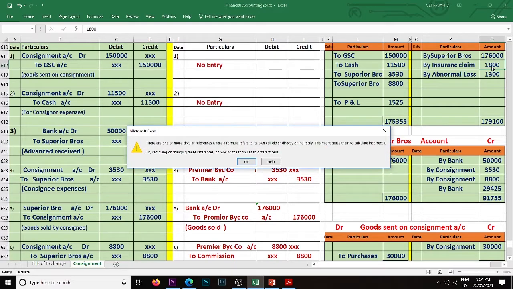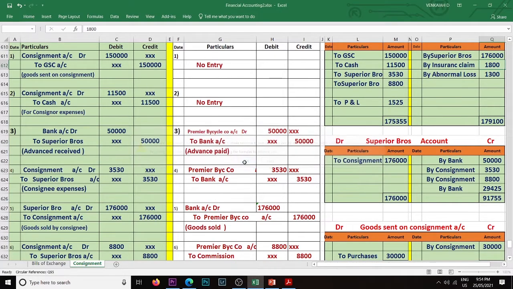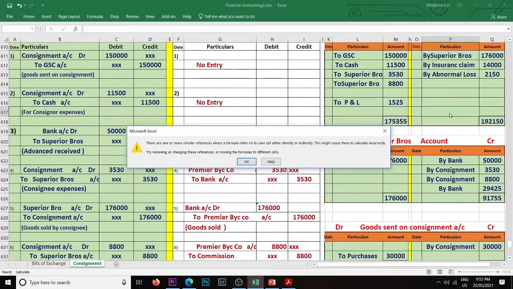Right. So last entry you check in your notebook. Insurance claim 14,000. Abnormal loss 2,150. Okay, students.